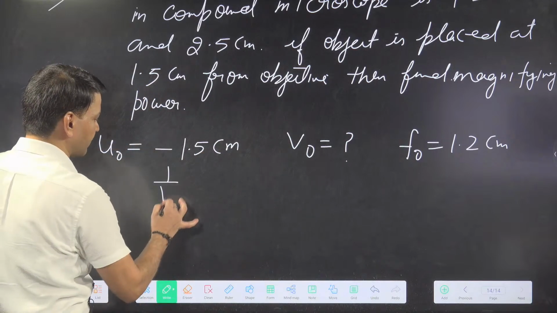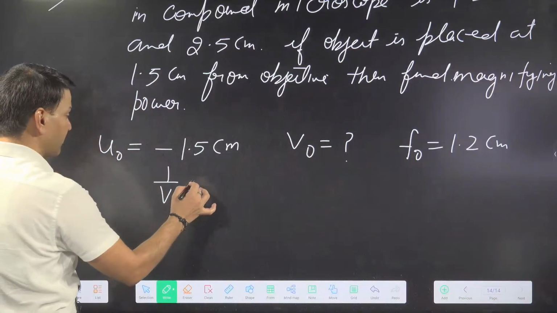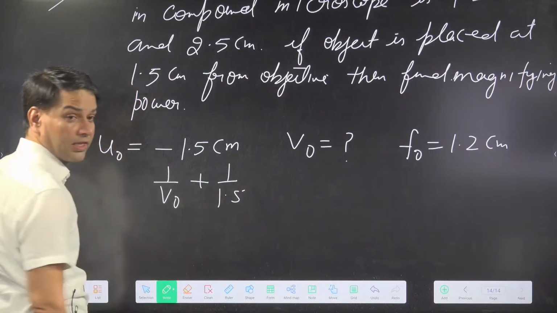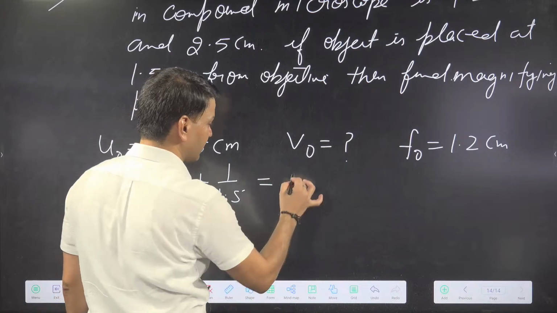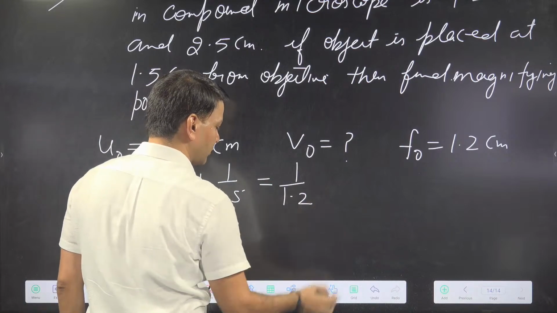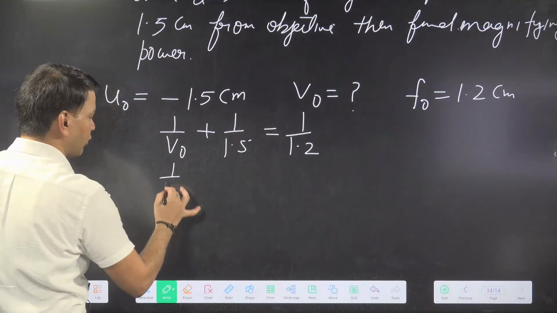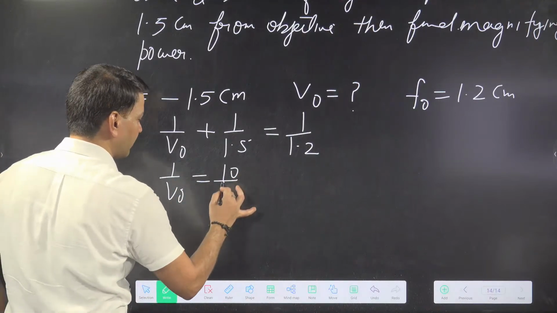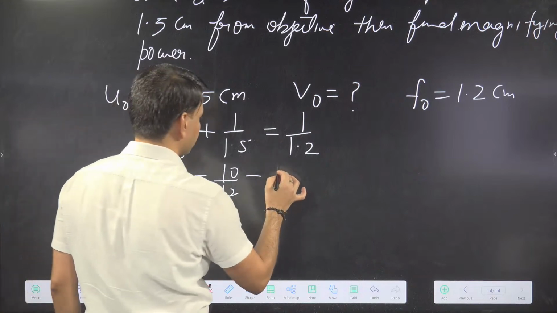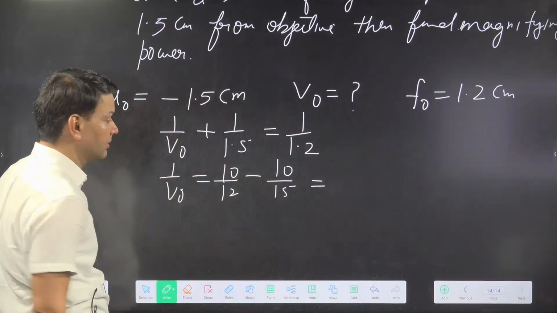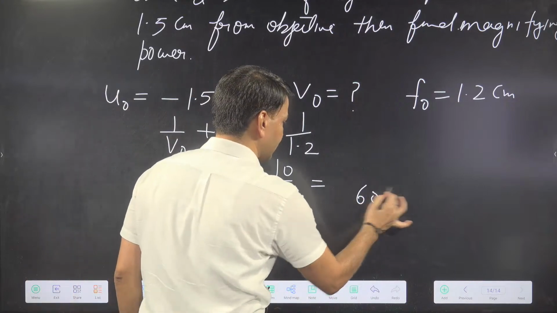Now we have the focal length, we have the object distance, then we can find the image distance: 1 by VO minus 1 by UO. Minus minus becomes plus, 1 upon 1.5. Directly I am writing that is equal to 1 by F. 1 by F is what? 1.2. Now 1 by VO, what you will get? 10 by 12 minus 10 by 15. Then we can take 60 as LCM.